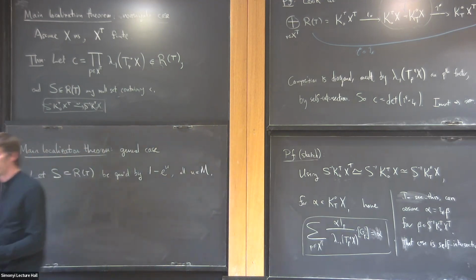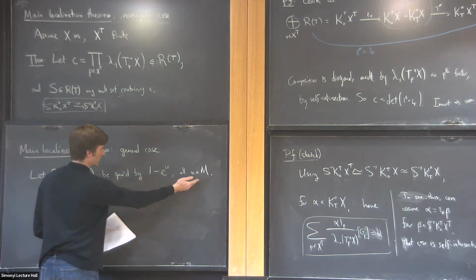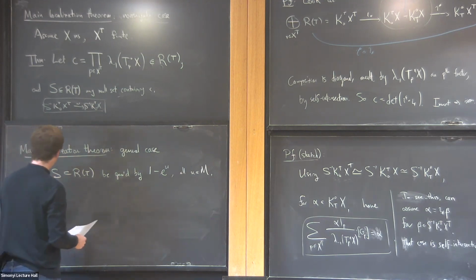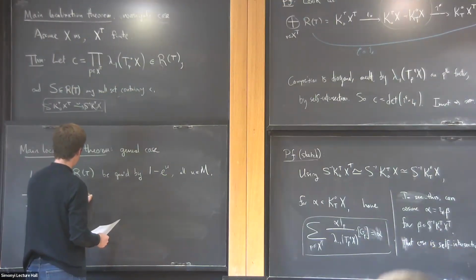So let's invert all characters, well, 1 minus e to the u for all characters. So the theorem is this. We invert all these characters.